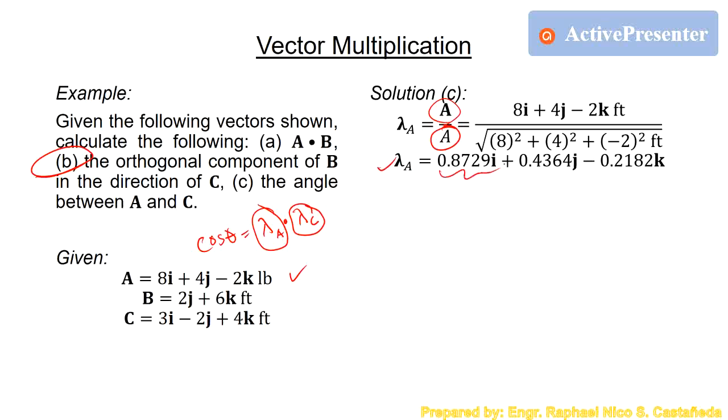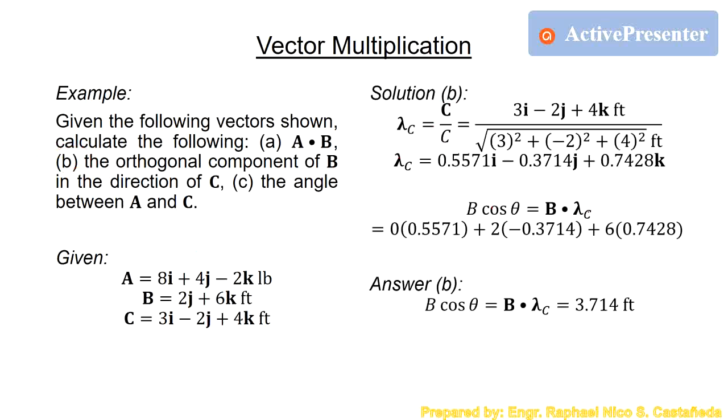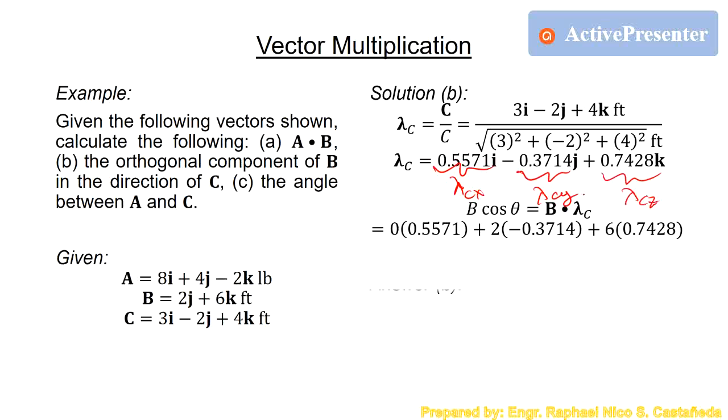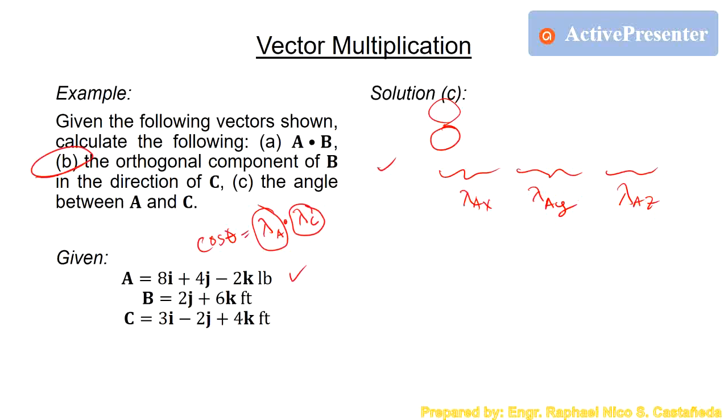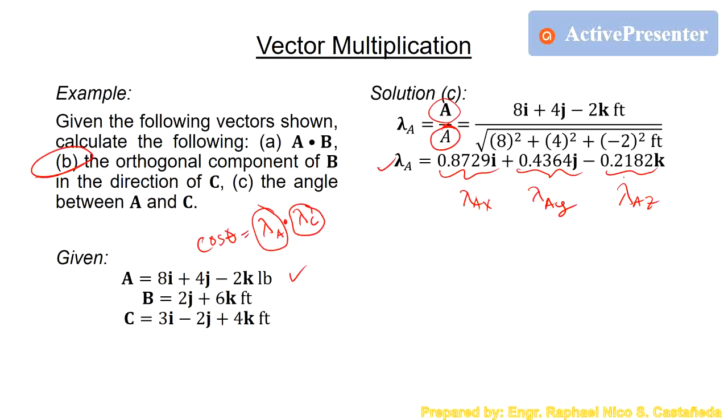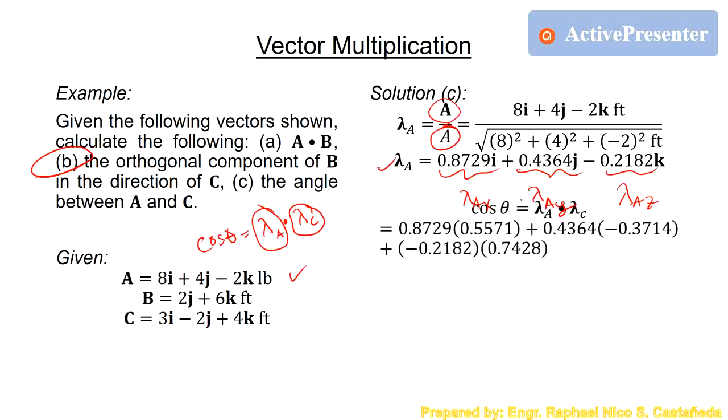Then applying the dot product to the components, this is lambda ax, lambda ay, and lambda az. Using those values and these, lambda cx, lambda cy, and lambda cz, we just need to use these 6 values and apply the dot product.